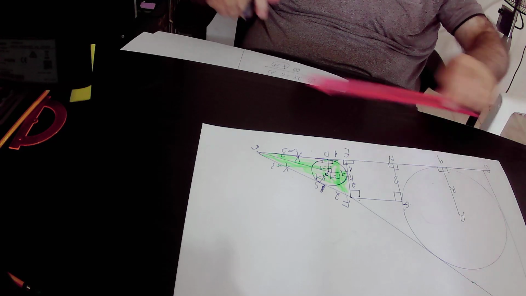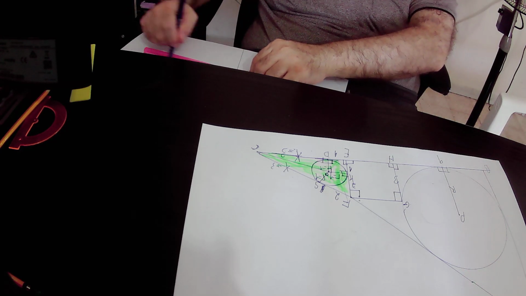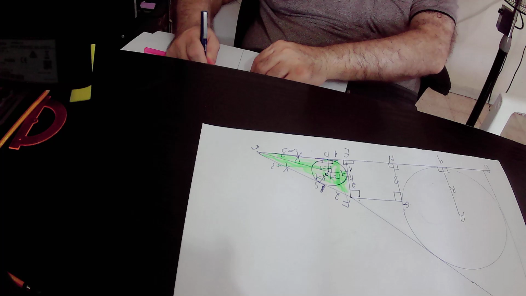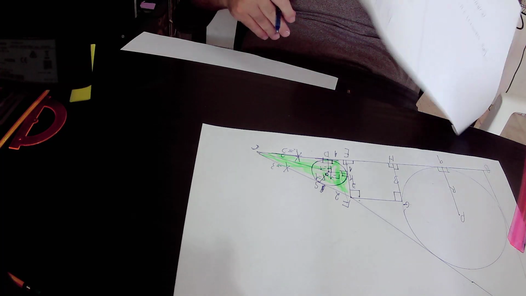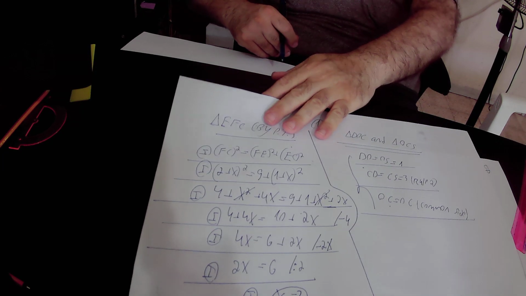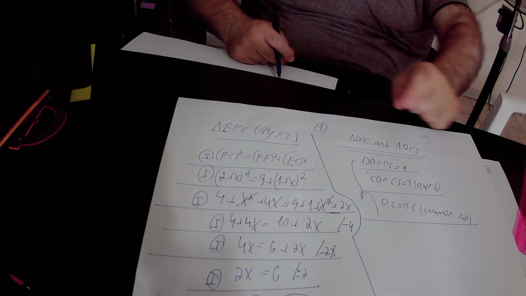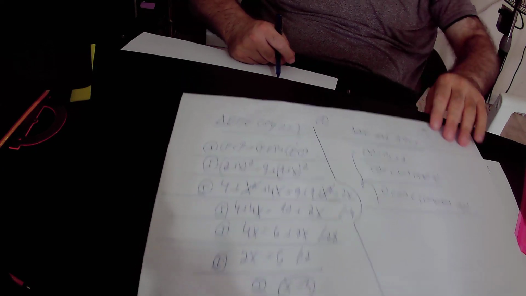Okay. So in conclusion, we found out that the two green triangles can go into each other according to side rule. So I write it down.